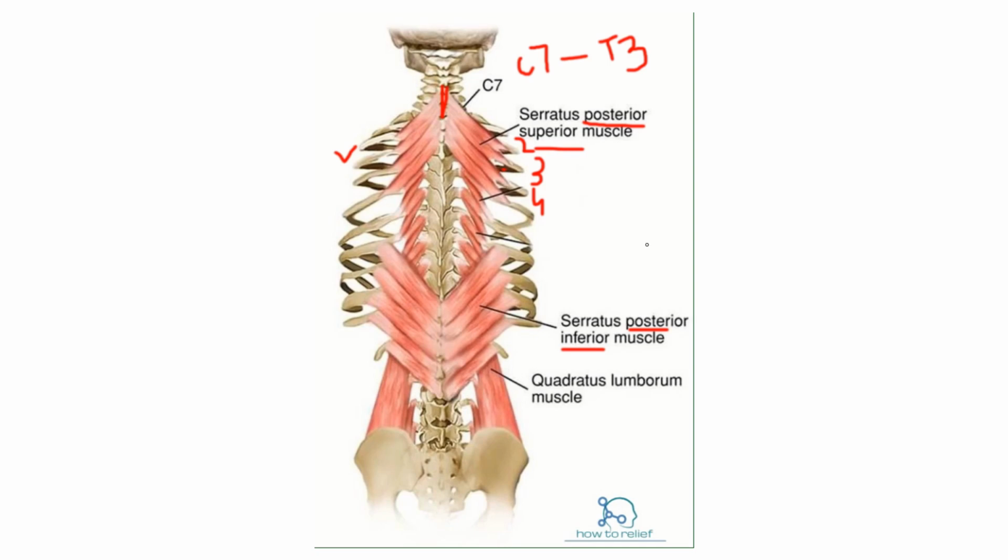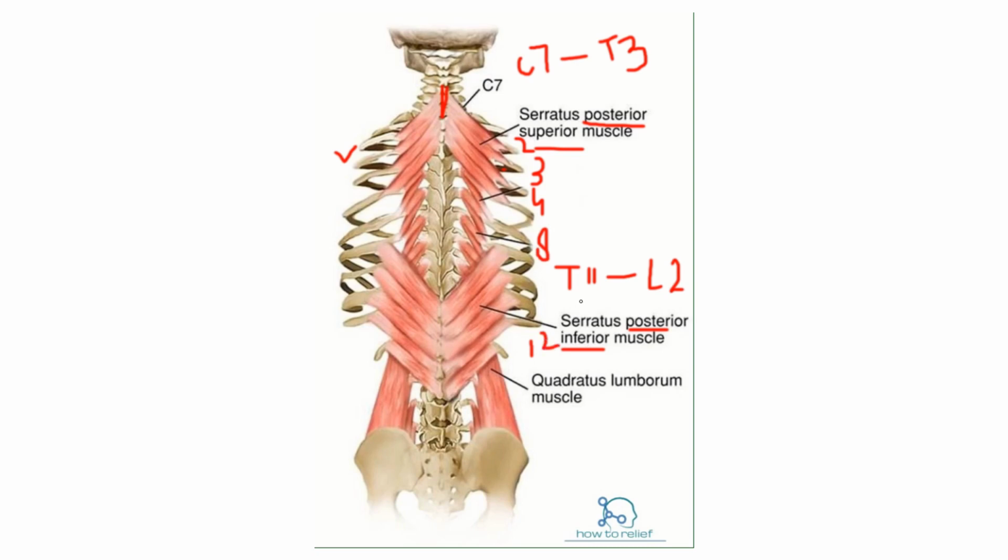The second muscle, that is serratus posterior inferior muscle, arises from the spinous processes of T11 to L2. Thoracic 11 to lumbar second. And it attaches on the inferior border of 8th to 12th rib.